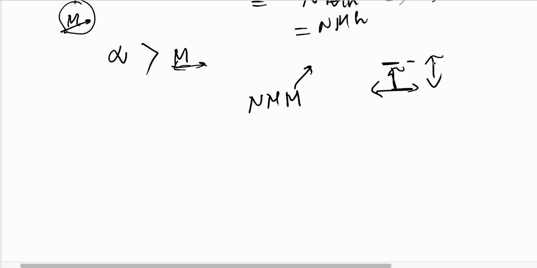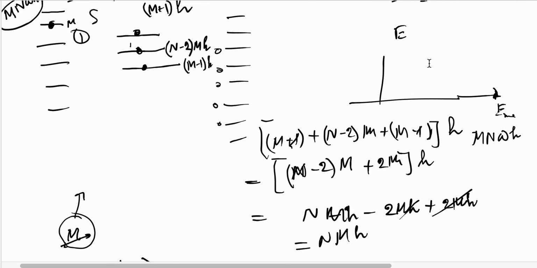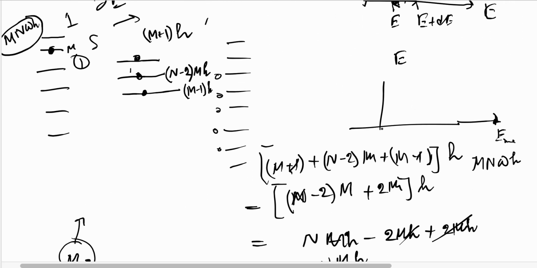And in the first case, as we saw, with increasing energy the number of possible microstates also increases. That means the entropy also increases, and it never becomes zero.